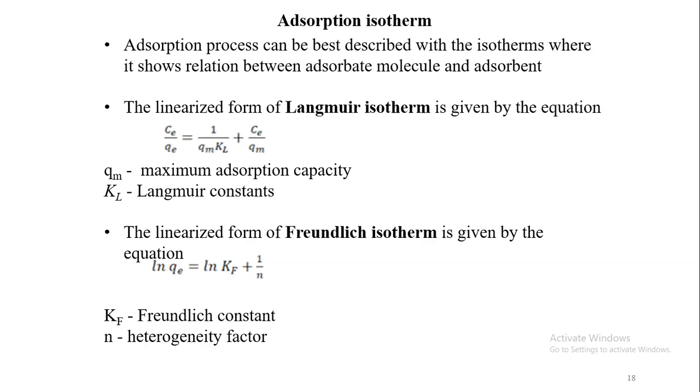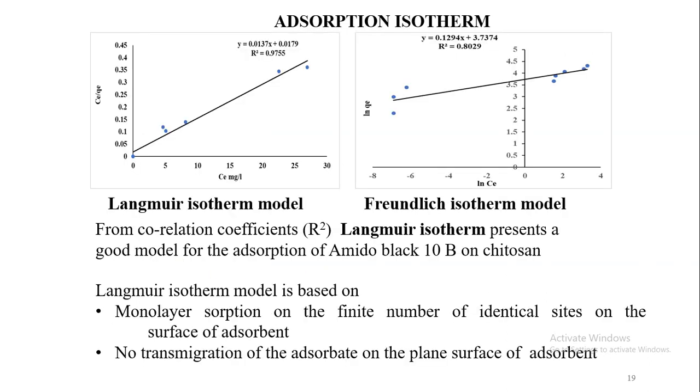When the adsorption isotherm study was done, the linearized form of the Langmuir isotherm equation was studied. Now from the correlation between this R square and the Langmuir isotherm, it represents a very good model for the adsorption of amido-black 10B on chitosan.